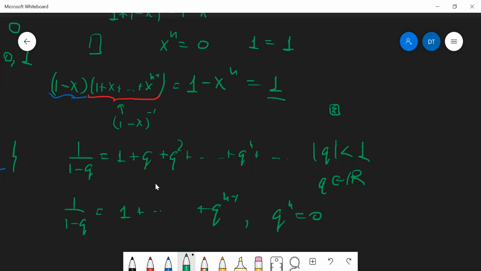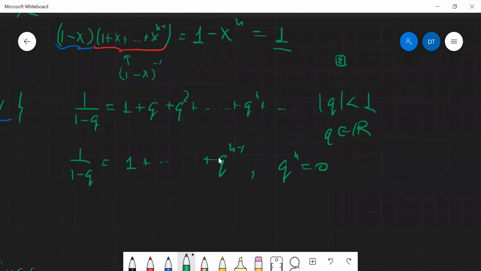This is just a guess, it's not a proof. It's a way of guessing. But now, since we have a formula, we can check that when we multiply this expression by 1 minus q, the result will be 1. That's just a way of thinking how to guess the result.